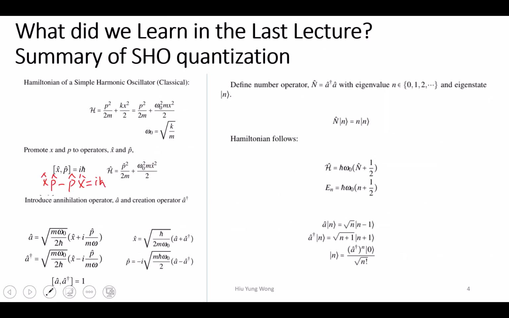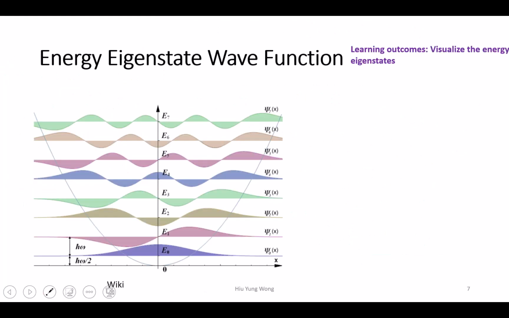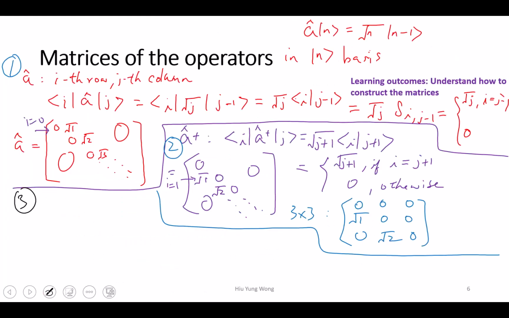Do you see this? 0, 1, 2, 3. This is the basis state, right? So the basis states of all the matrices go from 0, 1, 2, 3. Okay, like this. If you don't see it, this is like 0, 1, 2, and you keep going. Okay, so the first row is 0. The first column is 0.